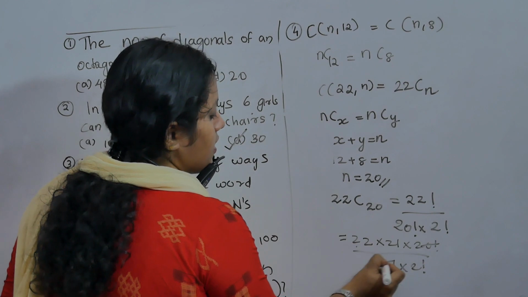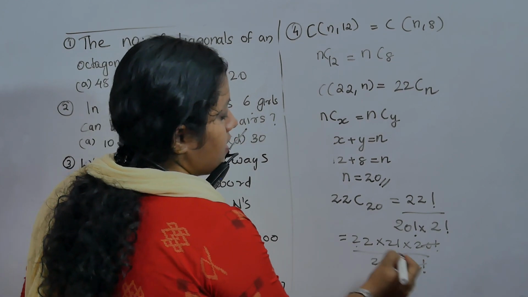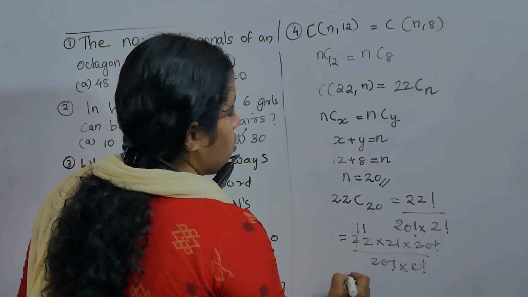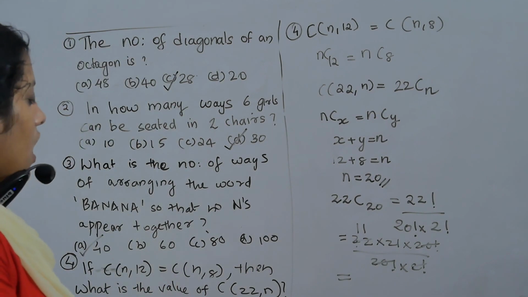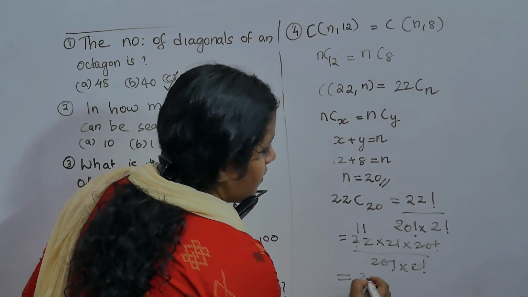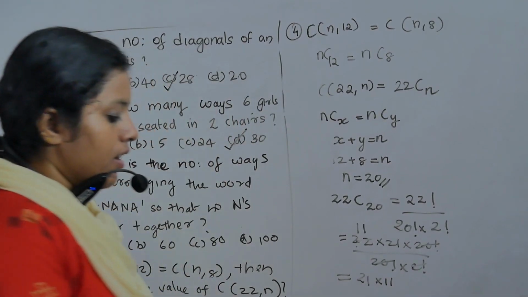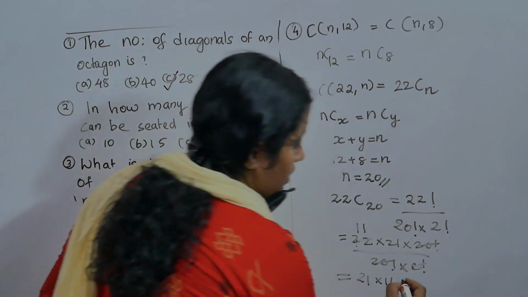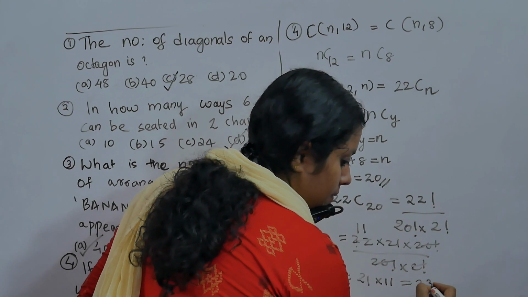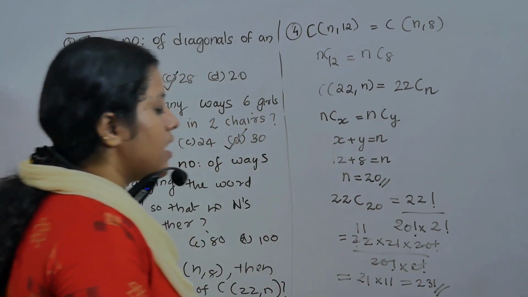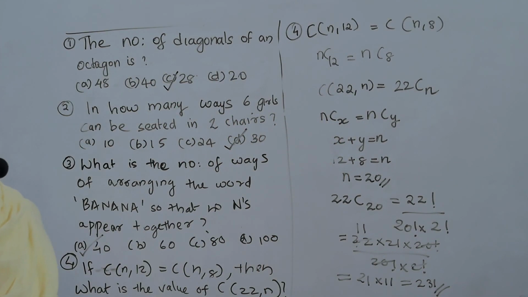So just cancel this one. This and this will go, 11. So what will be our answer? Our answer will be 21 into 11, that is 231. I mean our answer is 231.